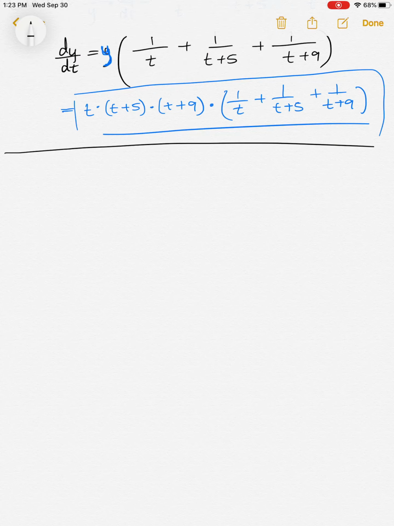We have y equals x square root x squared plus 6 over x plus 8 raised to the 7/3 power. All right.